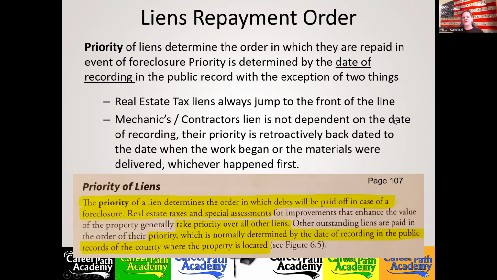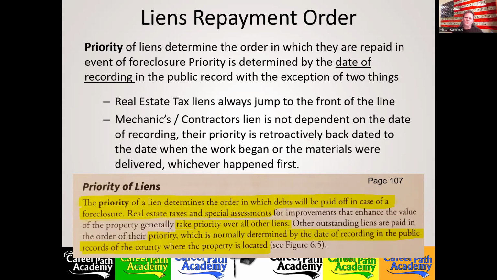They will even jump ahead of a first mortgage loan that's outstanding. Two things are certain in life: death and taxes. They always jump to the head of the line, right? So the priority of liens determines the order in which they're repaid.